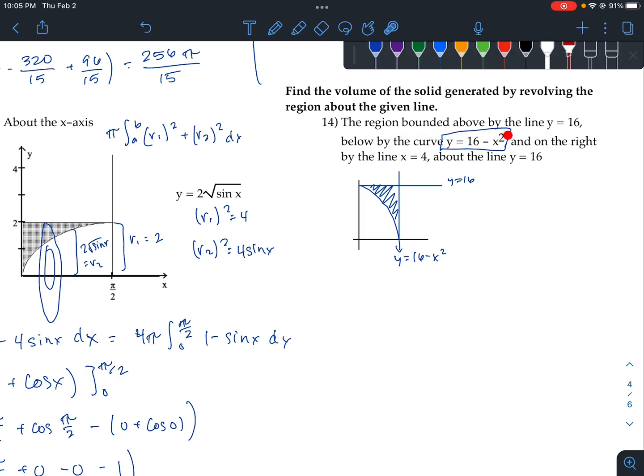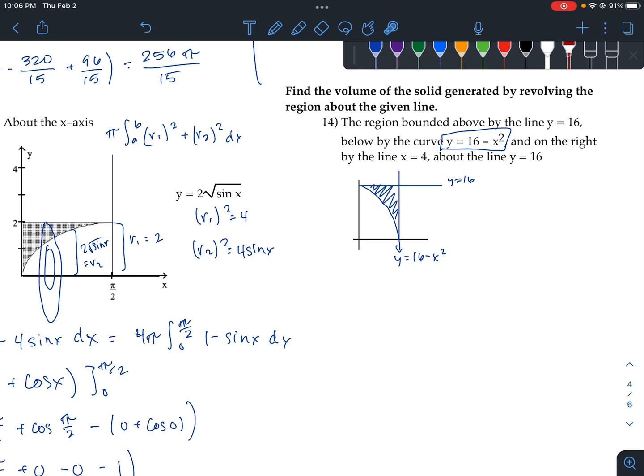The region is bounded above by this line, bounded below by this curve, and bounded to the right by x equals 4. So we have our region.